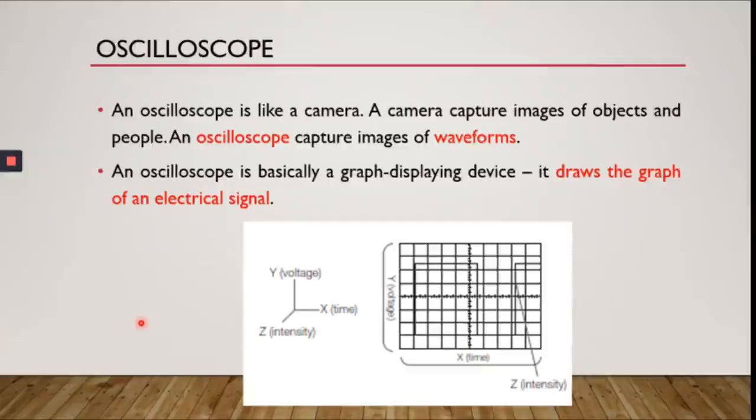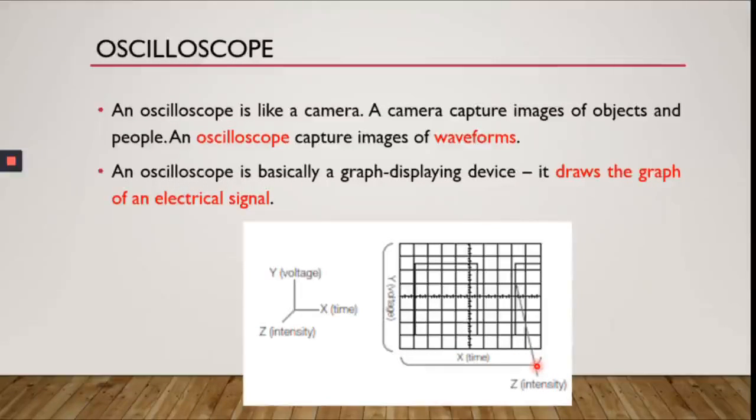So basically, an oscilloscope is a graph displaying device. It measures signal from an electrical source, and then it displays the features of the signal on a screen so that you can see. So the screen is somewhat similar to the one shown here. We have the horizontal axis or the x-axis.